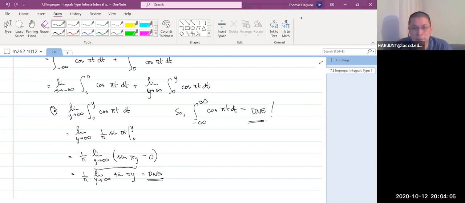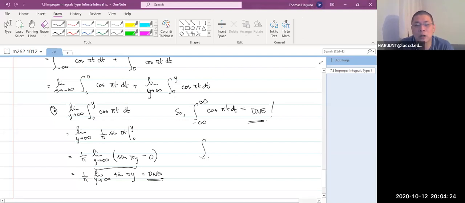Yes, then it is divergent. That's why we call that not existing. If it is convergent, then it goes to a certain number. And if it doesn't go to a certain number, then we call it divergent. Okay? The integral from negative infinity to infinity of cosine pi t dt is divergent.